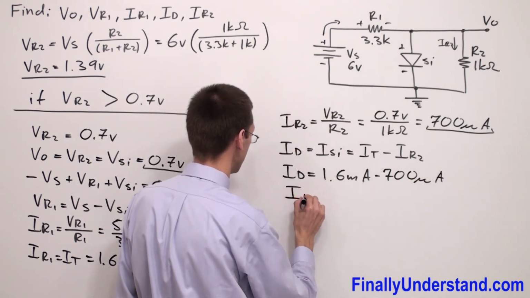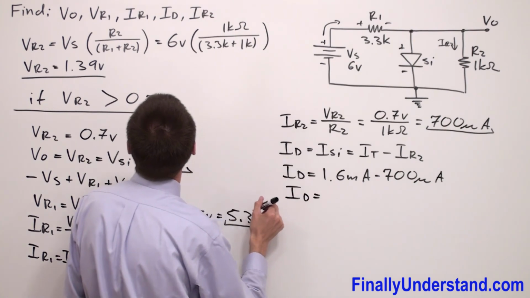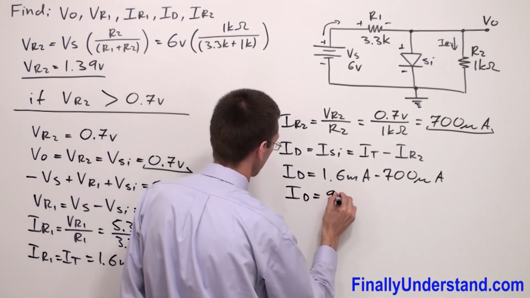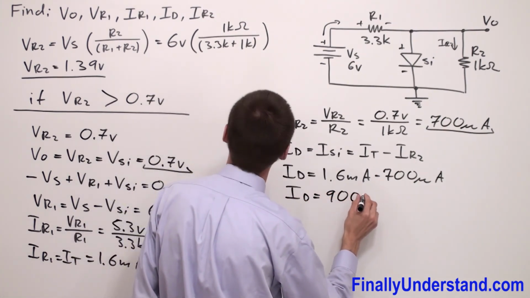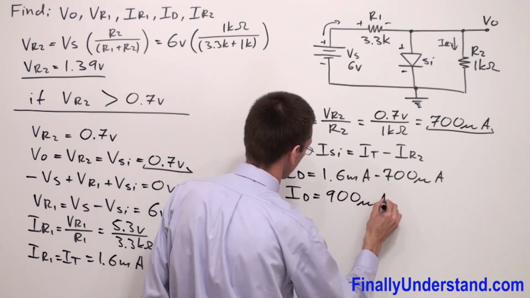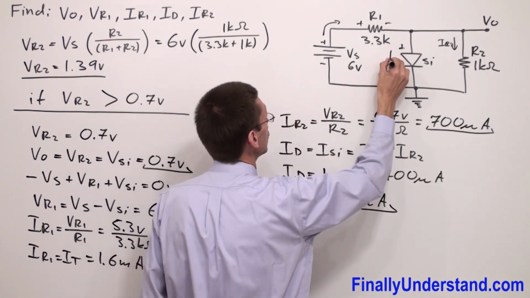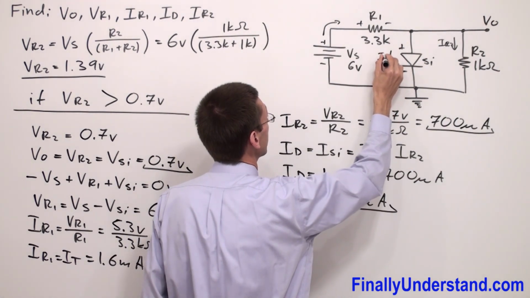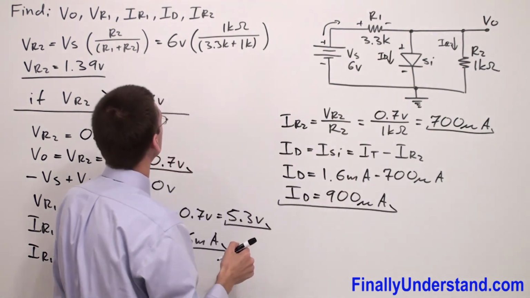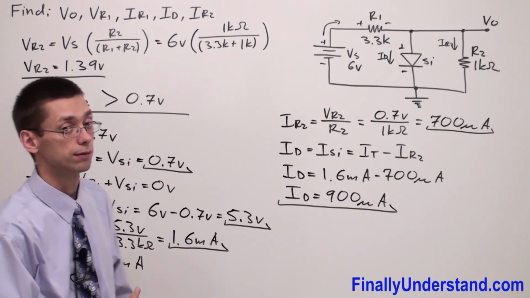So I have ID is equal to 900 microamps. So this is the current which goes through the diode, ID. As you can see, we solved the problem.